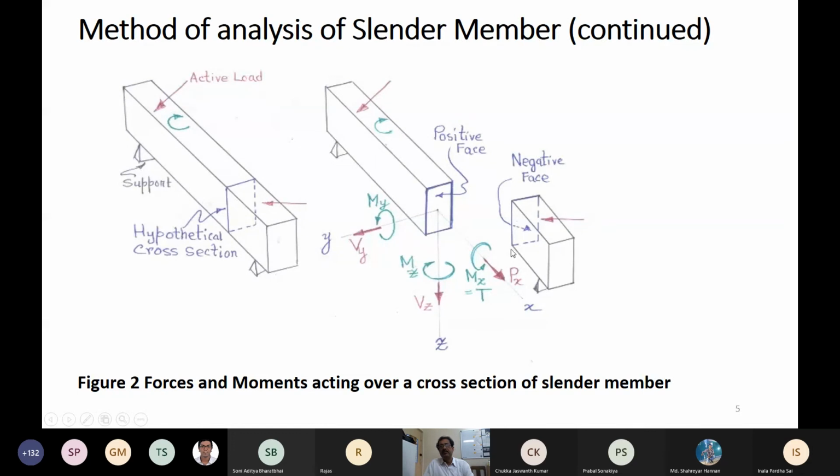So it's a negative face with a negative axis. Anything on the positive face in the positive direction is positive. Anything on the negative face in the negative direction is also positive. Okay, we'll see it later.